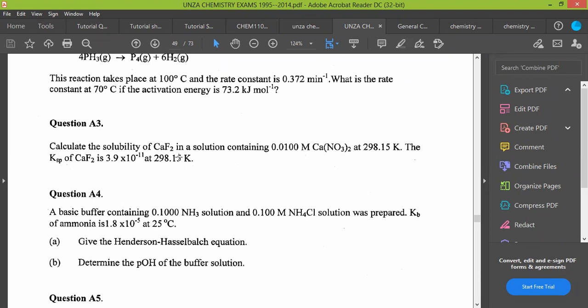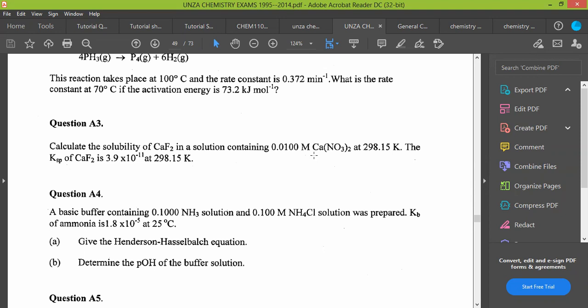Please ensure you're showing everything because they'll probably allocate a mark to the dissociation. So CaF2 dissociates to Ca2+ and 2F minus.